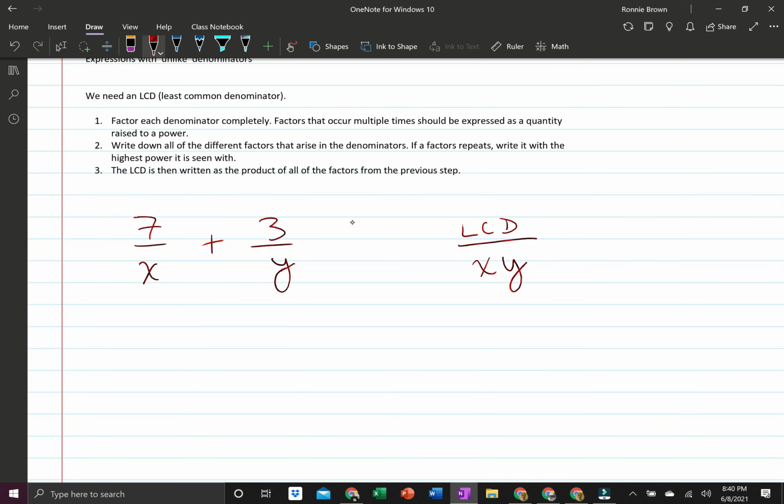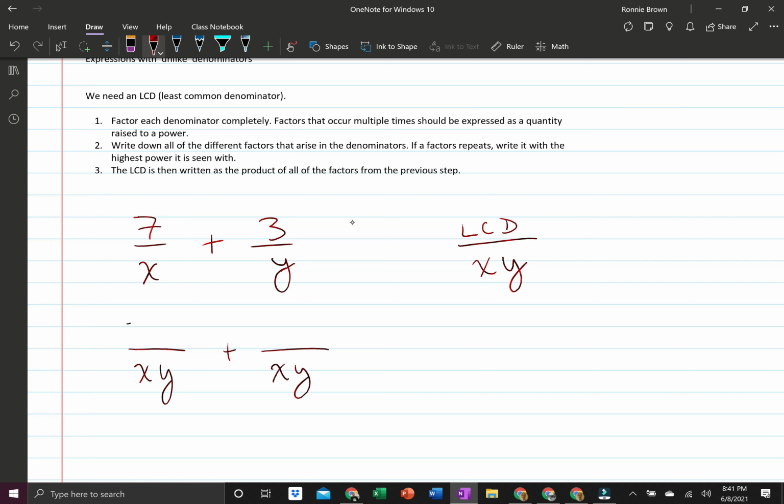Alright, what do we do now? Now we rewrite both of these fractions, one right below the first and one right below the second, with the LCD. How do we figure out the new numerators? If you remember back to arithmetic, when you had an LCD, you would figure out the new numerators. Same situation here.